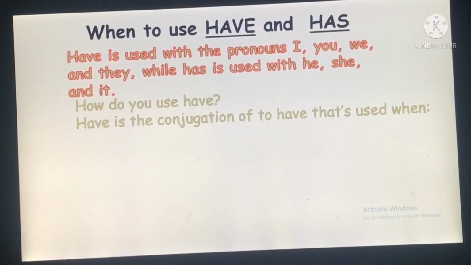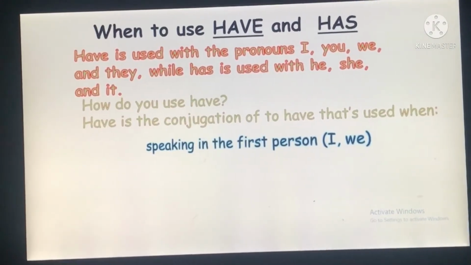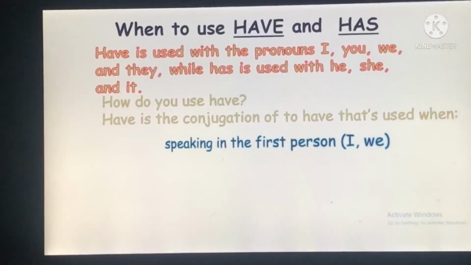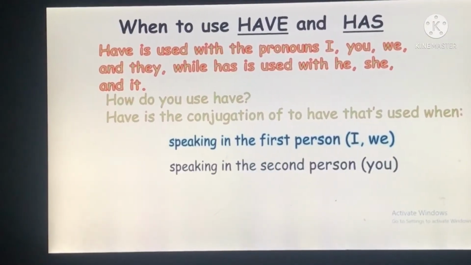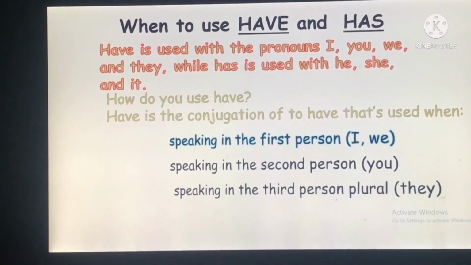How do you use have? Have is the conjugation of to have that's used when speaking in the first person I and we, speaking in the second person you, and speaking in the third person plural they.